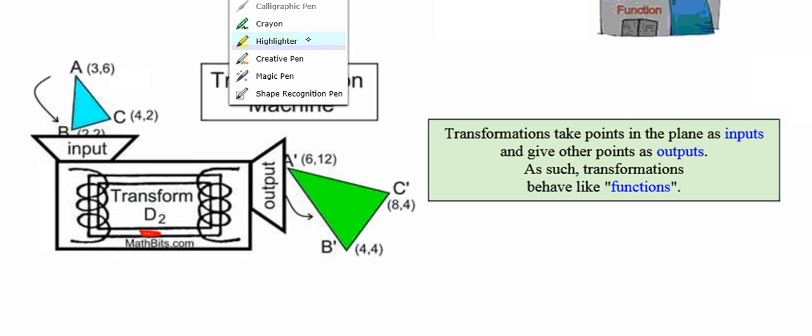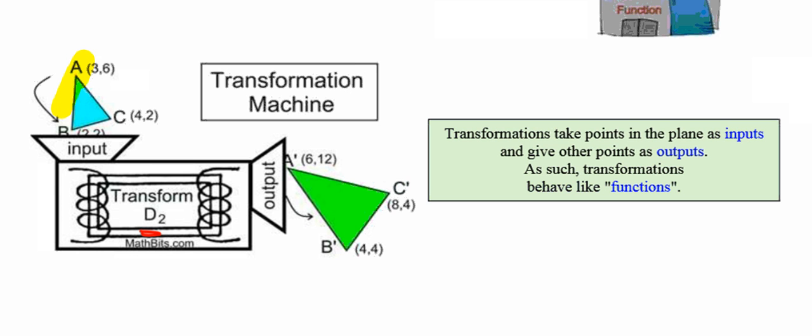So we're inputting this triangle ABC, and under a dilation of scale factor 2, it's going to multiply each coordinate by 2. So A prime in the output, when you multiply each coordinate by 2, ends up being 6, 12. B, when you multiply each of those 2's by 2, ends up having an output of B prime of 4, 4.